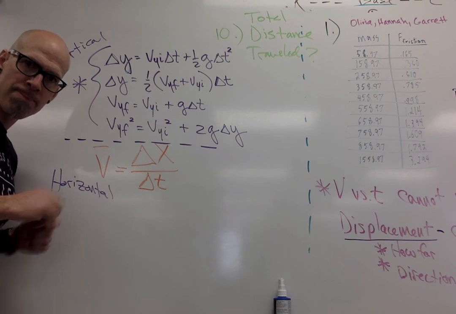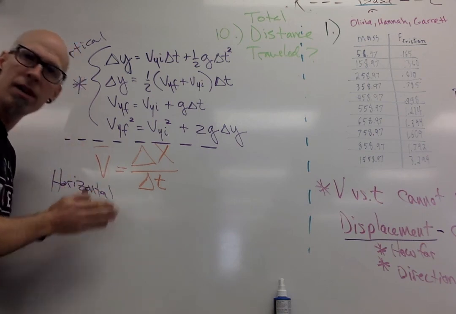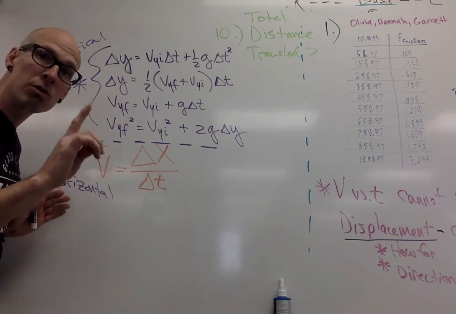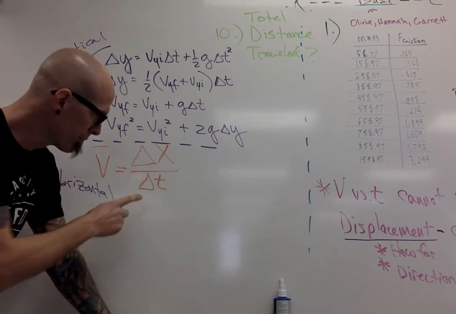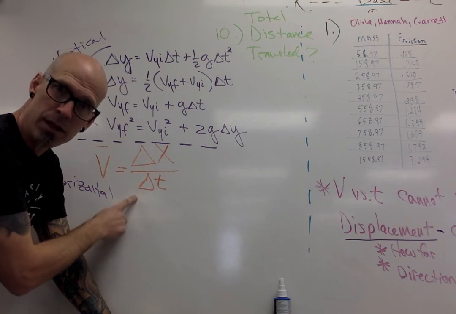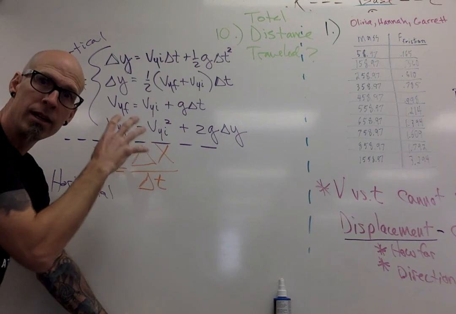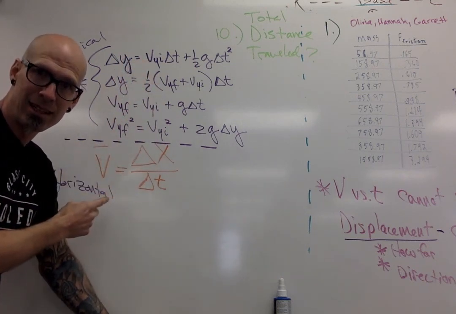All right? So you have to make sure you're keeping the horizontal stuff and the vertical stuff separated. The only variable that is consistent in both, the delta t, is the same. That is the one common link. The link between the horizontal and the vertical is the delta t.